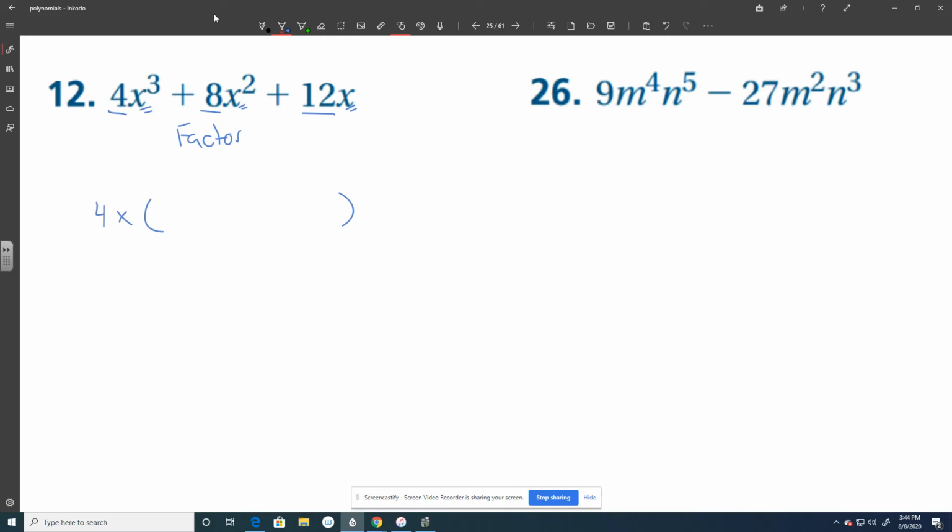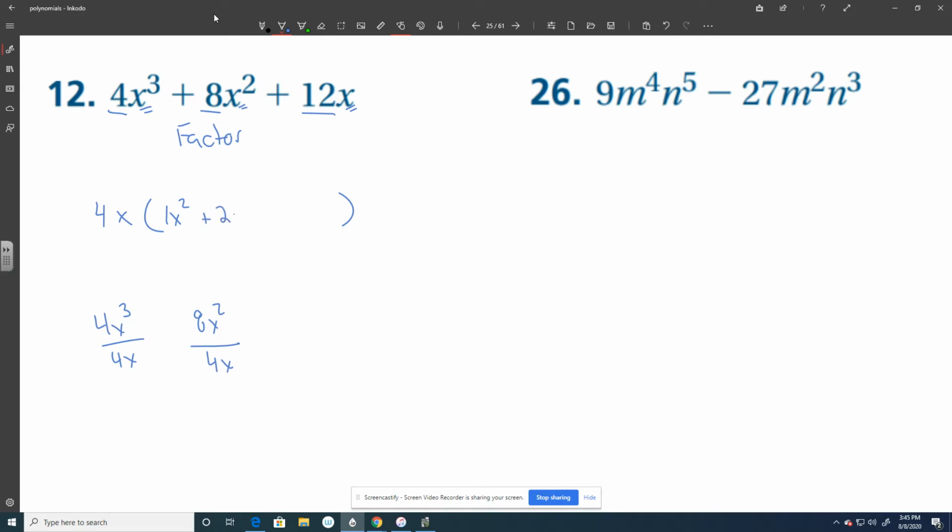And now I just need to divide each of these by 4x. So if I have 4x cubed, I need to divide that by 4x. And I'm left with 4 divided by 4. That's just 1. X cubed divided by x is x squared. Okay, then I have a positive 8x squared. And I need to divide the 4x out of that 8x squared. So 8 divided by 4, that's a positive 2.